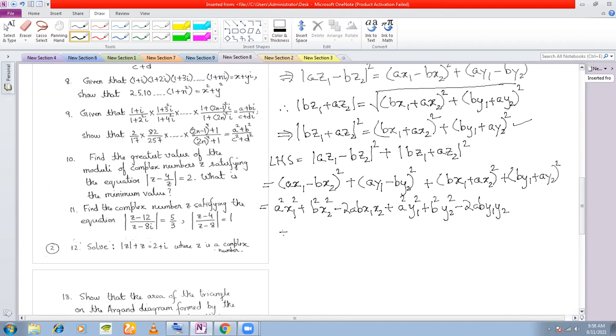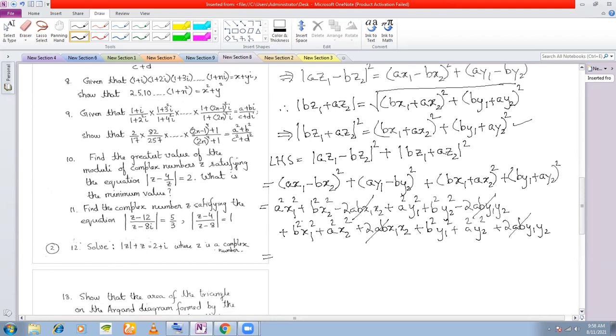For the third one, you have b square x1 square plus a square x2 square plus twice ab x1 x2. For the fourth one, you have b square y1 square plus a square y2 square plus twice ab y1 y2. Now you see this cancels with this and this cancels with this. Okay, so what are you left with? You are left with all this.